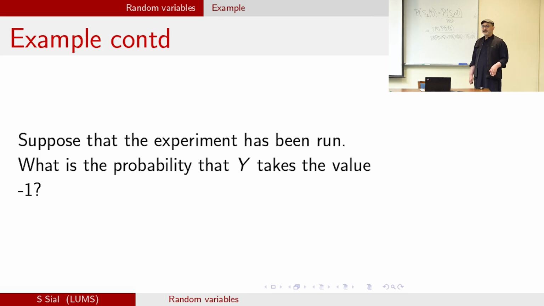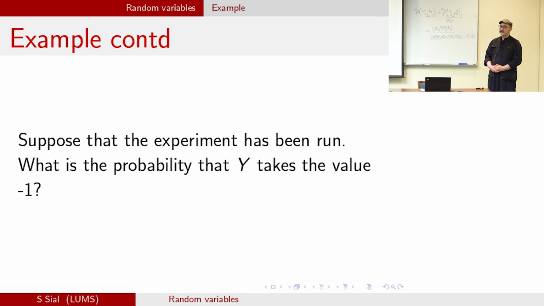We run this experiment, we roll the die. The experiment gives random results, so Y is also random. So we can talk about the probability of Y taking a particular value. What's the probability that Y takes the value -1? 1/2, why?